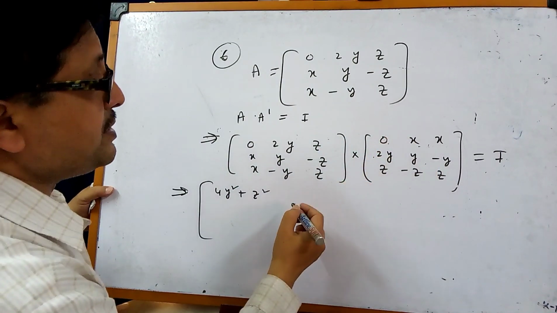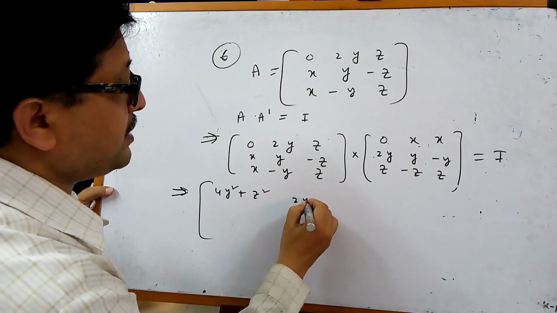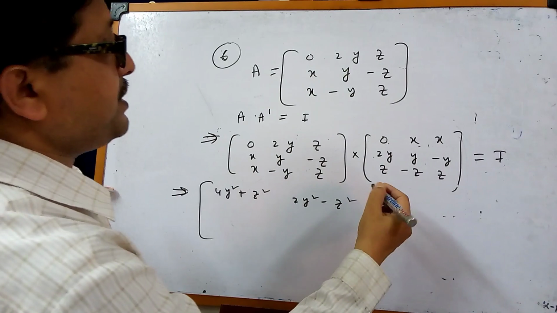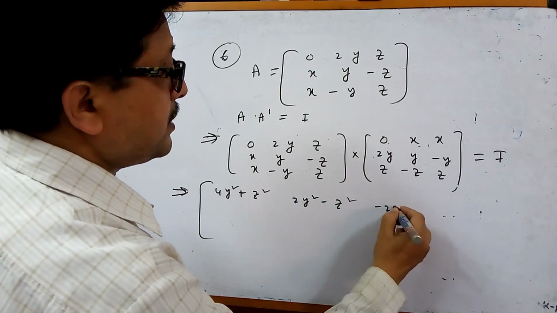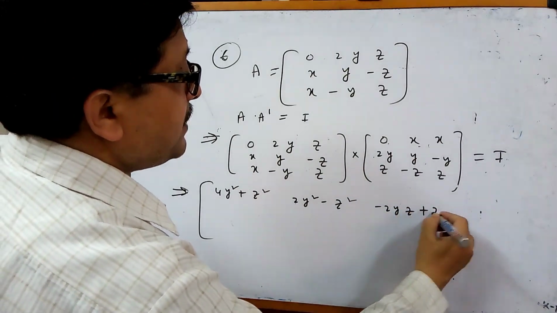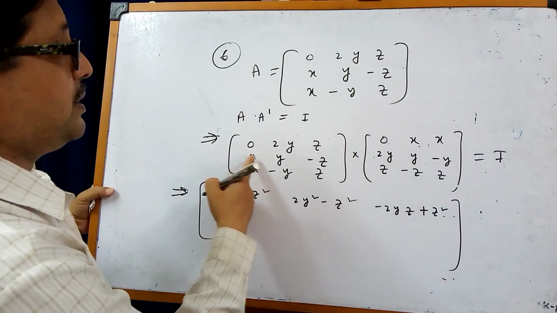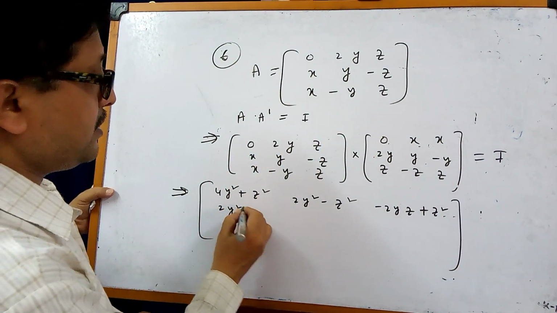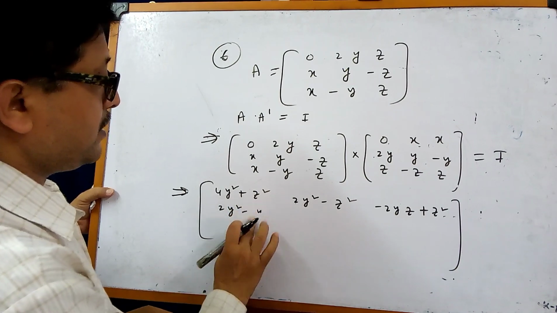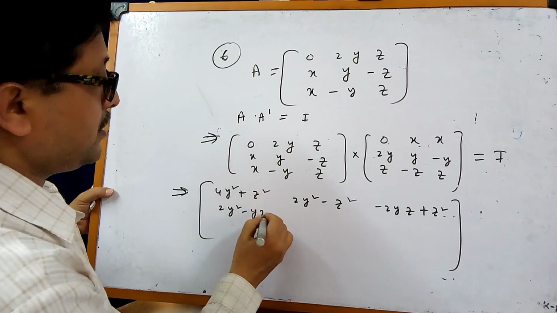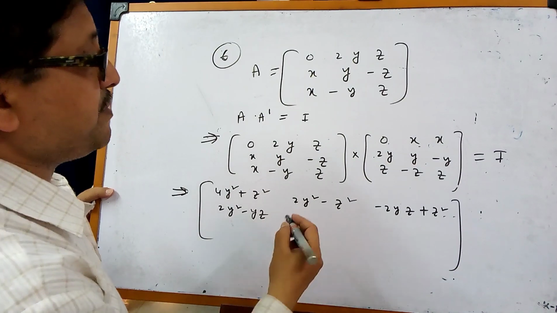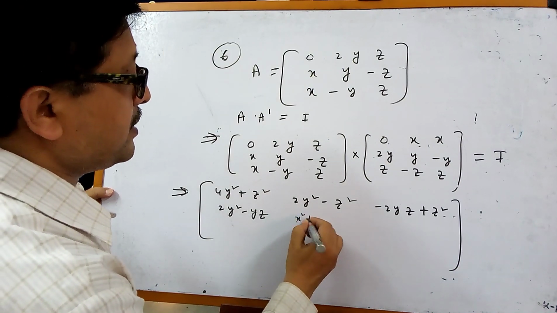Now this by this will give us 2y square minus z square. This by this, 2yz plus z square. Then this by this it will give us 2y square, this by this x square plus y square plus z square.